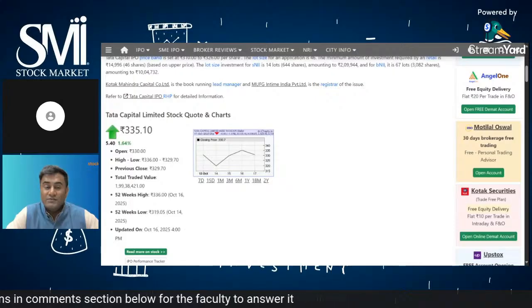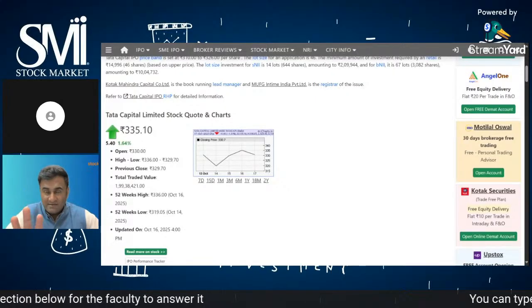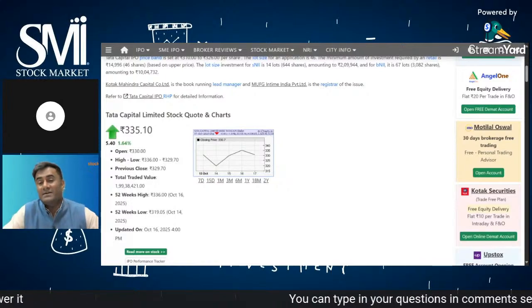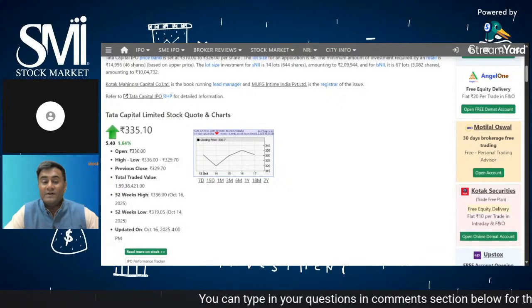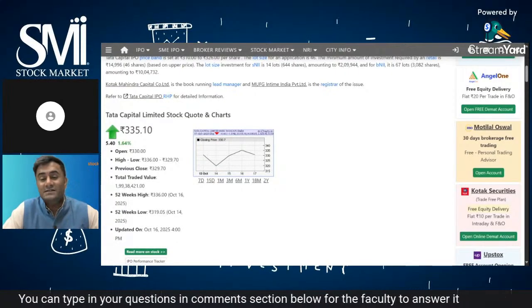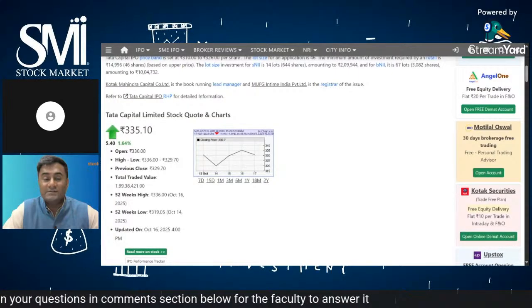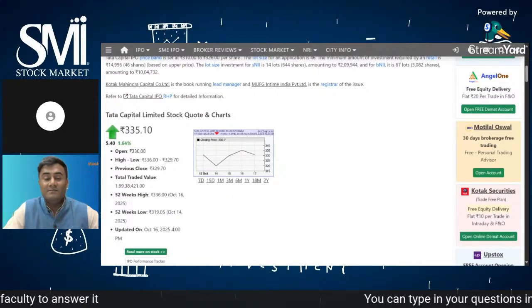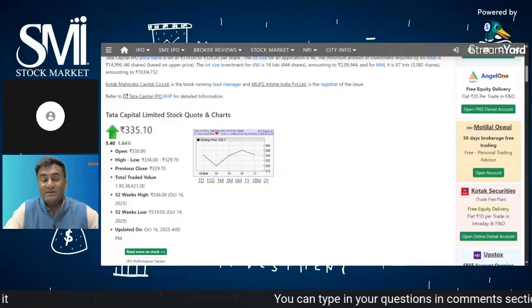This is a clear sign that this is not a throughout profit making company. At least one of the 3 years before getting listed, this company has posted a loss. Let us find out in the company financials. You see the PAT, profit after tax.